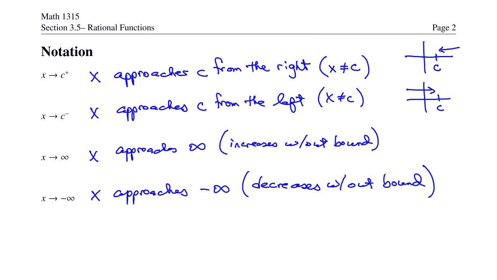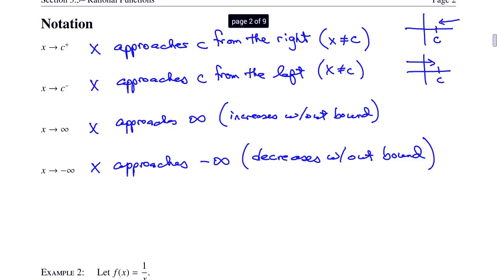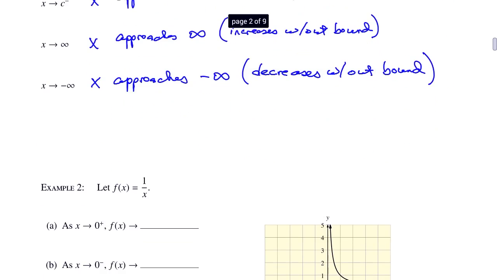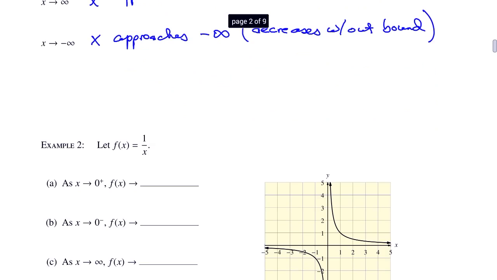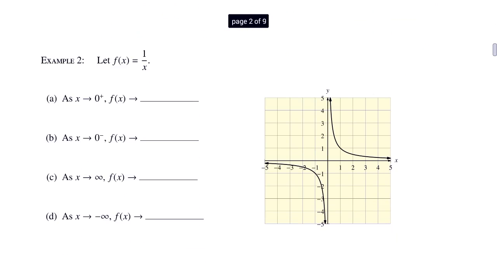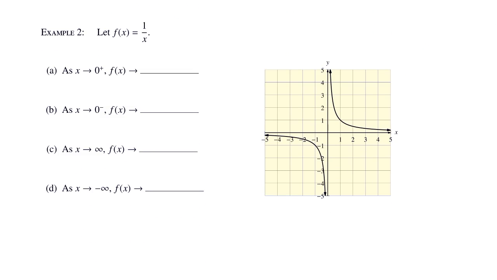Let's take a look at example 2 and see how to use all this. Example 2 says, let f of x equal 1 over x. And then here's the graph of 1 over x. Question A, as x approaches 0 from the right, what are the f of x values approaching?